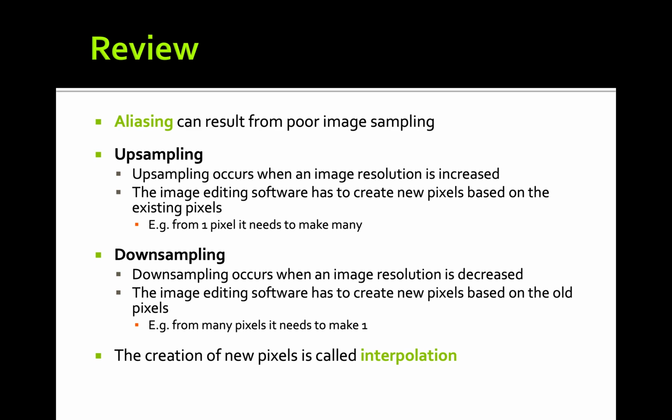We are finding an optimized way to make a new pixel from the existing 3 pixels. We are not simply deleting 2 of them, we are combining their information into one pixel. The creation of the new pixel is called interpolation.